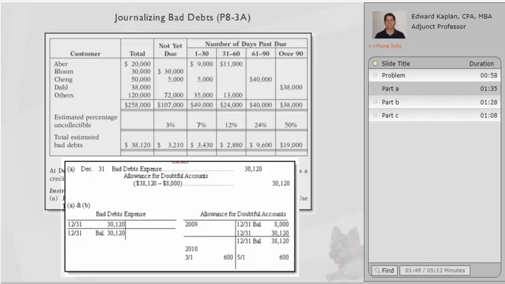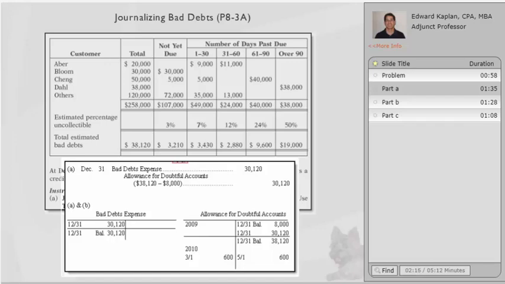So when we base bad debt amounts using an aging of receivables, what that means is we have to adjust the final balance to what the estimated bad debts should be. So if we started with $8,000 and we have to wind up with a credit balance of $38,120, then the difference is $30,120 that we need to credit.